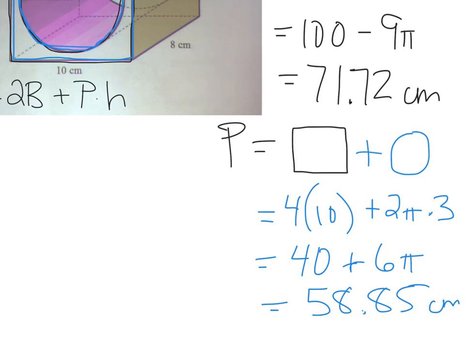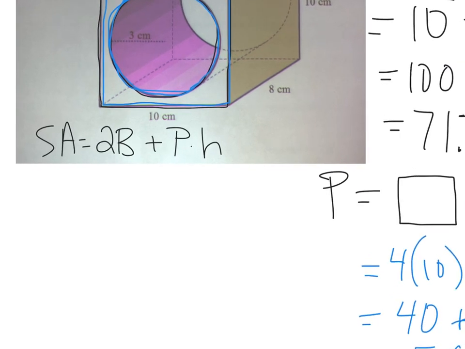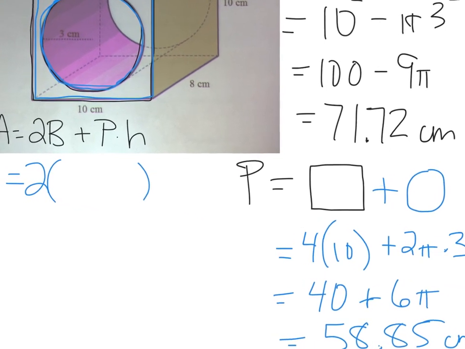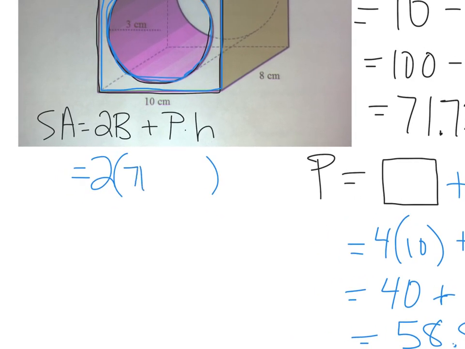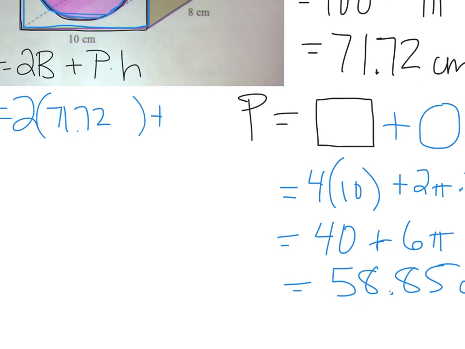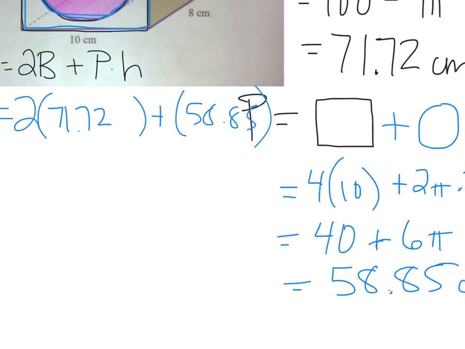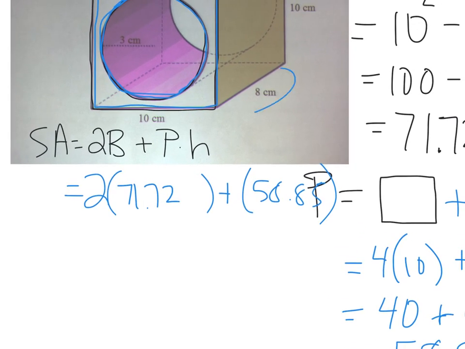So now that I have all that information, I can go into my surface area formula. 2 times the area of the base, which was 71.72, plus the perimeter of the base, which was 58.85, times the height, and the height is 8.